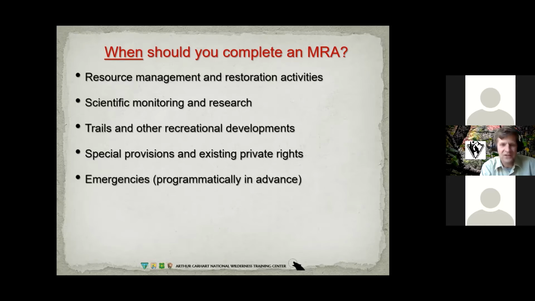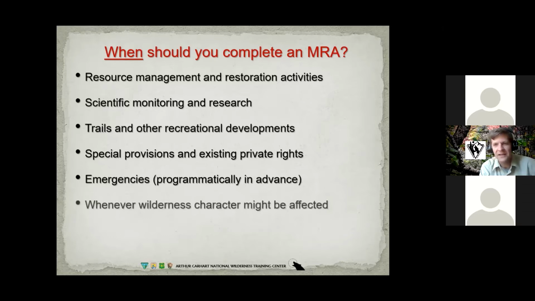And what that would basically look like is an opportunity to reach out to those folks, explain your obligations under the Wilderness Act, as well as your land management plan, and basically develop a programmatic MRA that spells out what would be approved for a given situation. Thanks, John. Next slide.